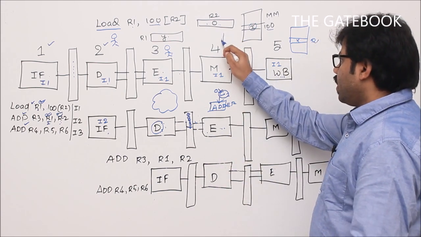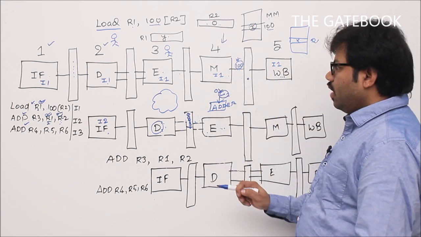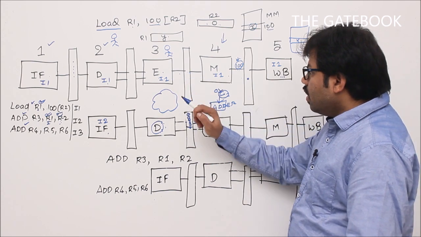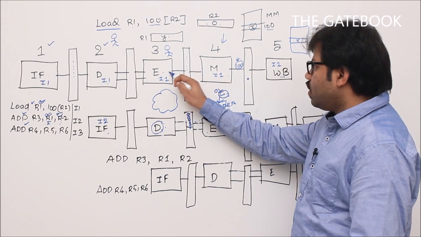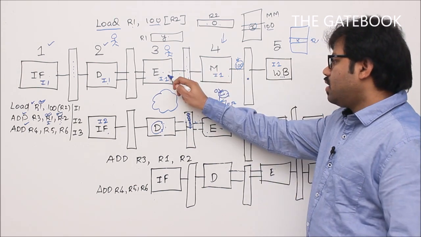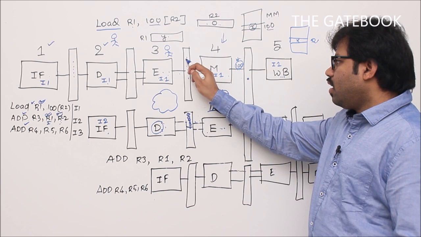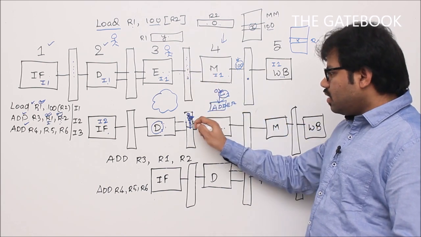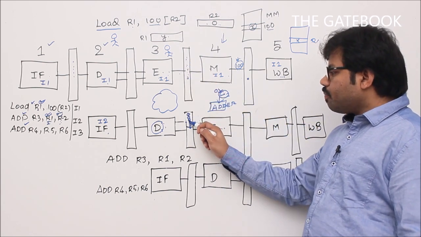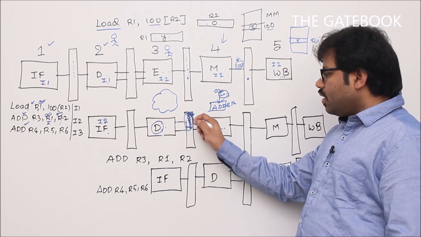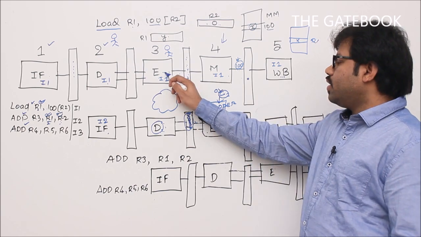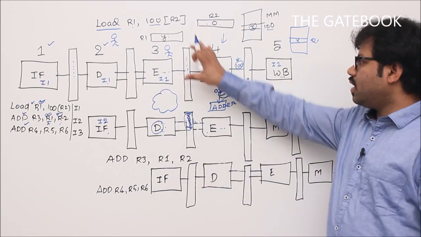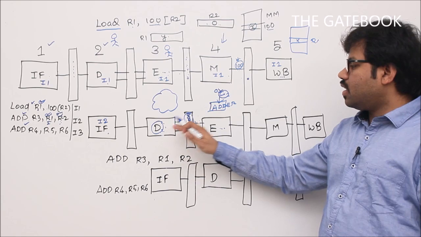In the fourth clock cycle, because in the third clock cycle we did not touch the buffer of execution and memory, instruction 1 will not be affected. We did not touch this part. We touched this part. That means we are manipulating the buffer between decoder and executor. Understand? Not between executor and memory. So instruction 1 will not be affected, but instruction 2 will be affected.